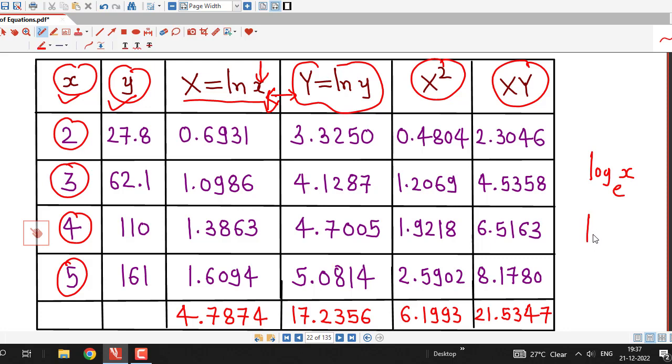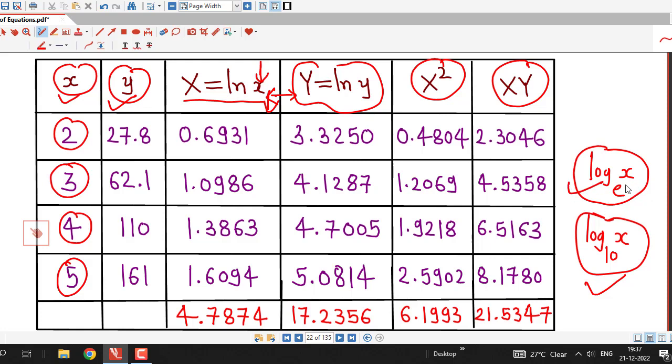If you wish, you can do your calculations using another base, say 10, and you can compare your answer with my answer. You will get the same answer up to certain decimal places. Due to round off, you can have some differences, but up to some decimal places answers will be the same, and answers will be correct whether you are using natural base or base 10.